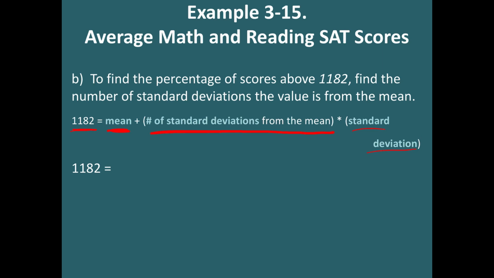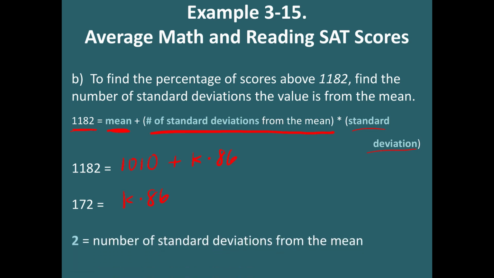In other words, 1182 equals 1010 plus k times 86. Subtracting 1010 from both sides gives us 172 equals k times 86. Dividing both sides by 86, we see that we get 2 standard deviations from the mean.